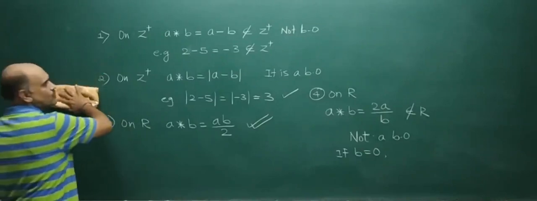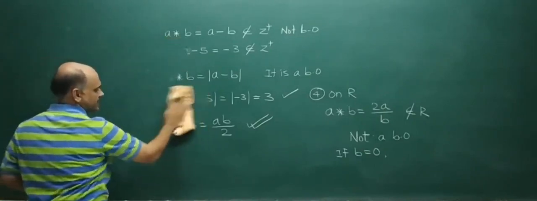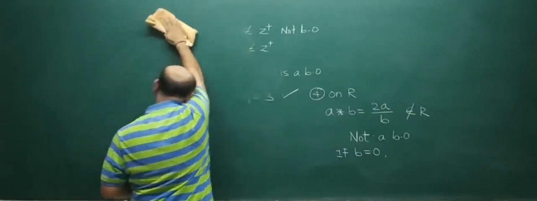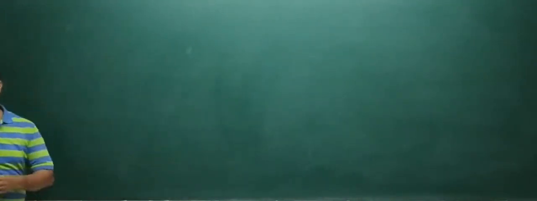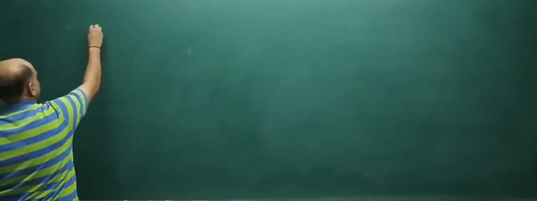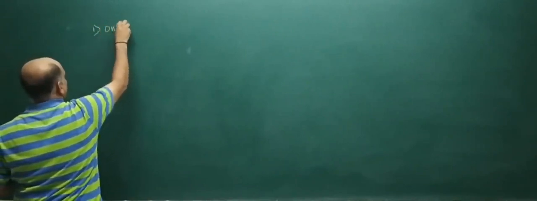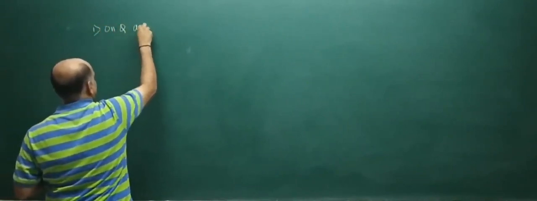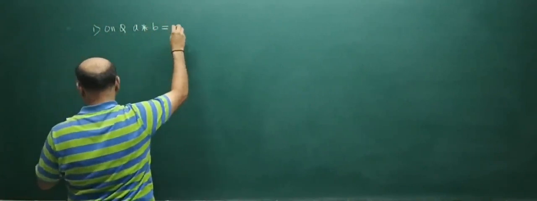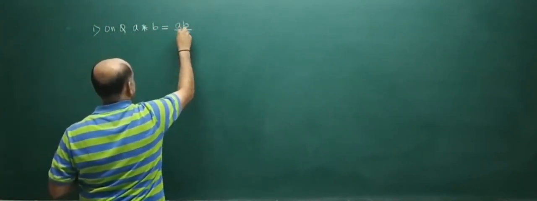Then we will take a few more problems to check whether the given operation is commutative and associative. First one, on Q, A star B is equal to AB by 2.